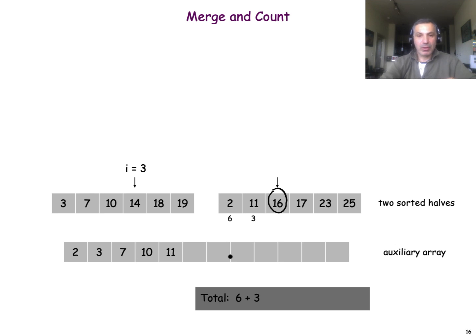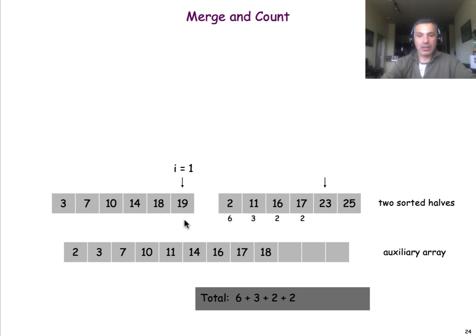So here you see we compare 14 with 16. 14 is smaller. We move to the element 18. We only have now two remaining elements. Here we have again an inversion because 18 is larger than 16, but actually this counts for two inversions. So we continue as you see in the animation.